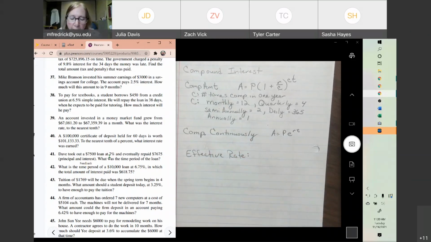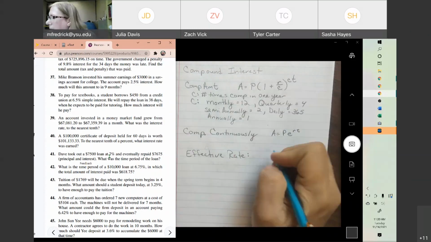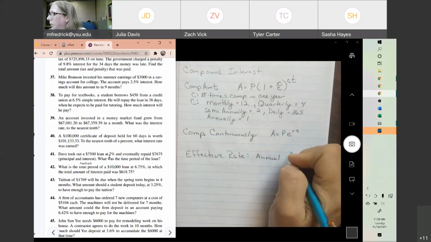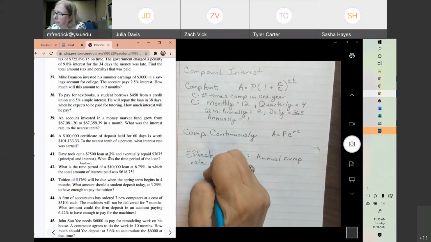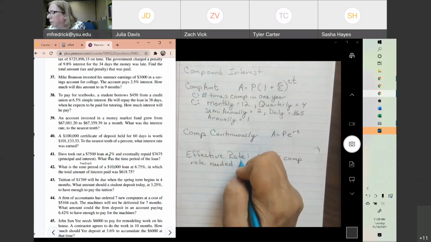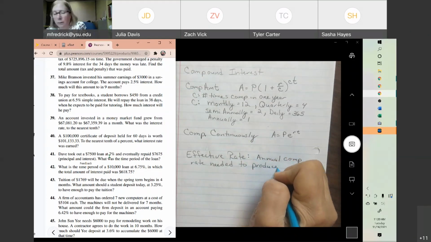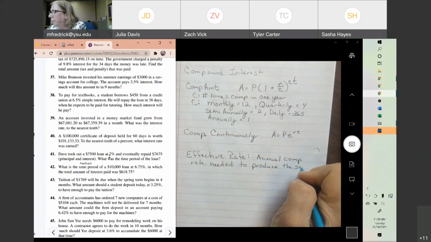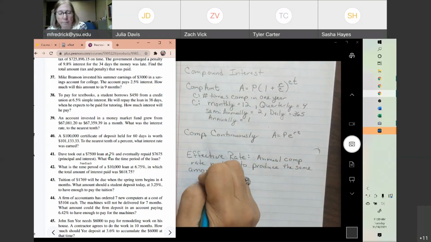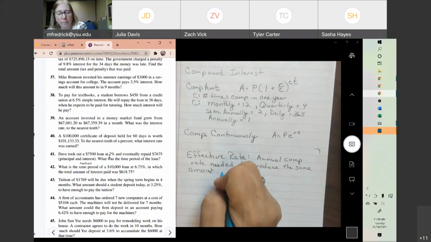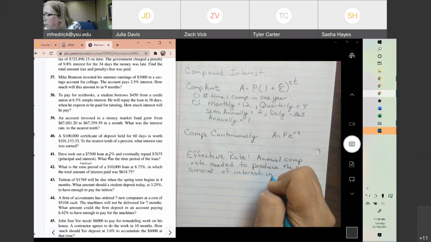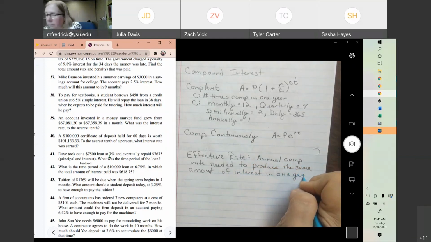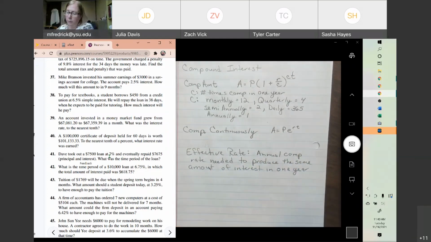There's what's called an effective rate. What it is, is the annual compounding rate needed to produce the same amount of interest in 1 year as the nominal rate does with more compounding.